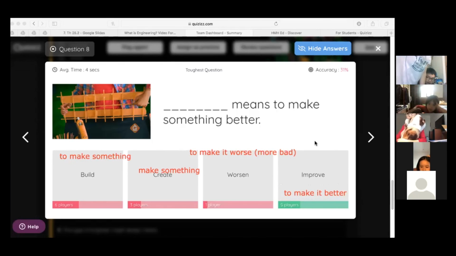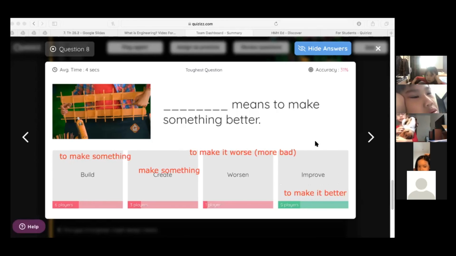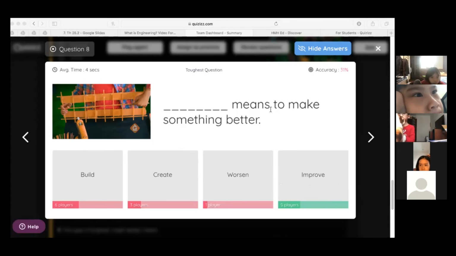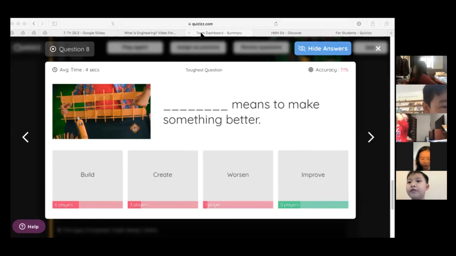For example, if I read your answers, I might say, oh, you really need to improve your handwriting. You need to make it better. It needs to improve. Okay? Say, wow, you have improved so much in your reading. All right, everyone say improve, to make better. Improve, to make better.